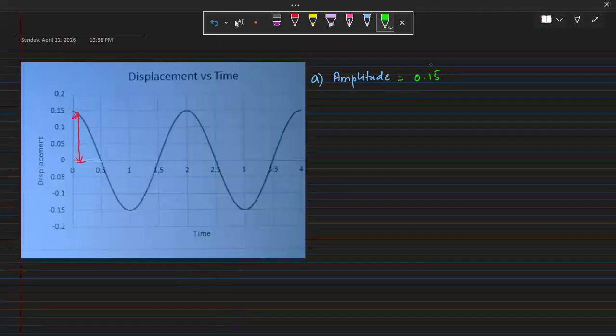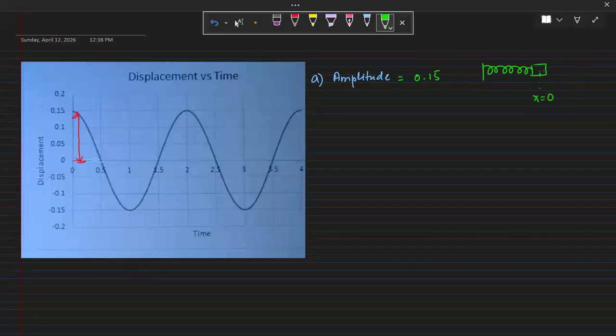And this graph can also be considered as an example of an object performing simple harmonic motion, right? If I am saying the amplitude is 0.15, this means the spring which is connected with a fixed support was initially at x equal to 0, right?